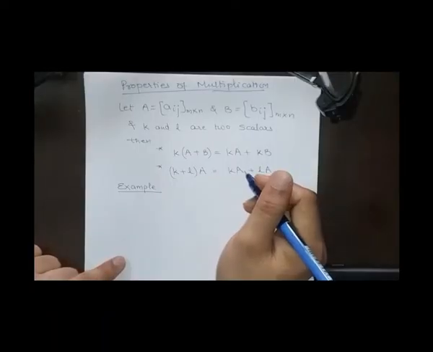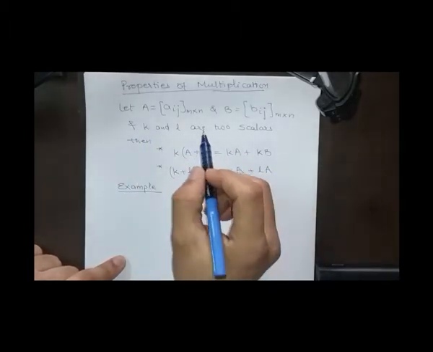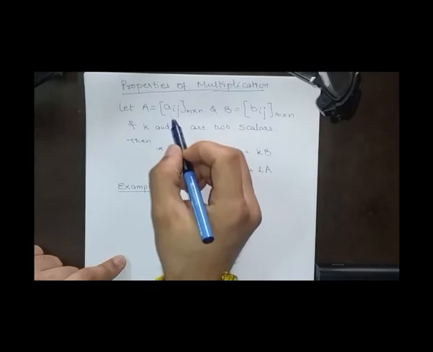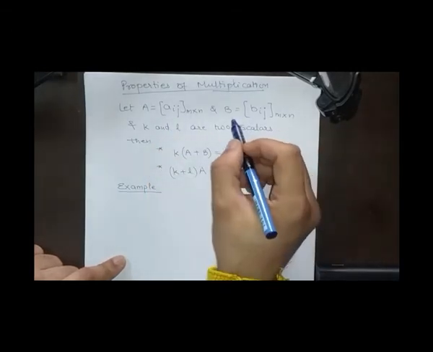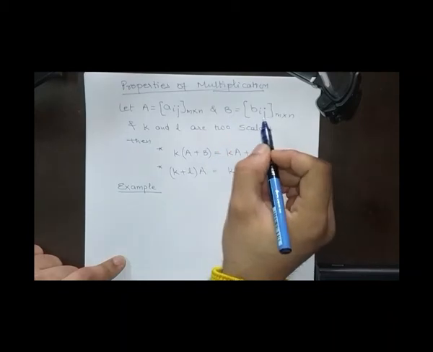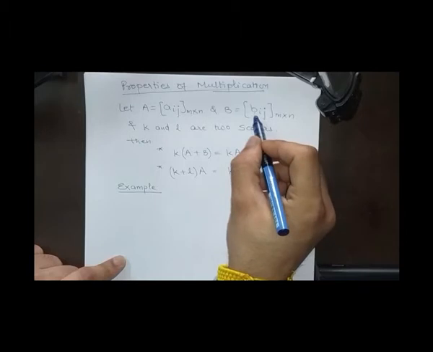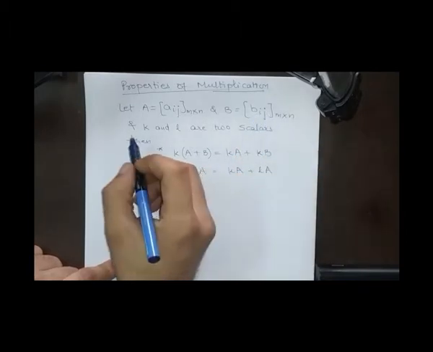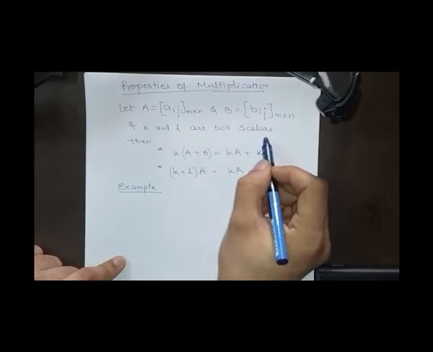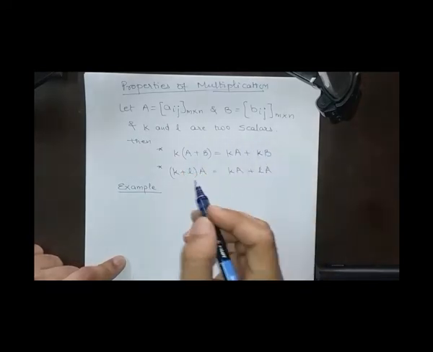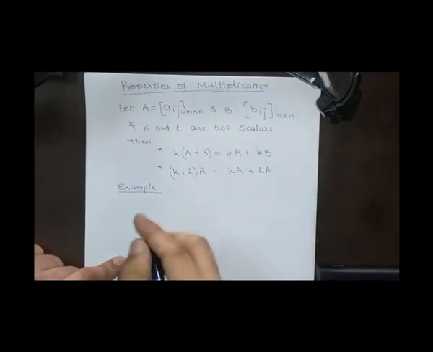Properties of multiplication of matrices. Let A be a matrix of order m into n with elements given by a_ij, and another matrix B which is also of order m into n with elements given by b_ij, and k and l are two scalar quantities, integers, rational numbers, any number.